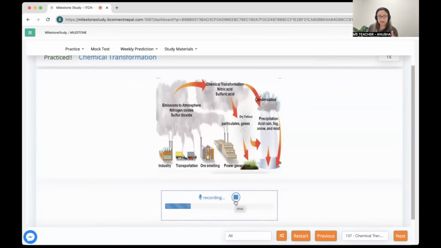The first step is emissions from these resources are taken to the atmosphere in the form of nitrogen oxides and sulfur dioxide. Then above the surface of the earth, there is chemical transformation happening that changes into nitric acid and sulfuric acid. There are two ways after that. Either they fall out as particulates like dust particles and pollution or gases that are harmful to the society, or they condense as acid rain and fog, snow, and mist, which is also harmful to the environment.